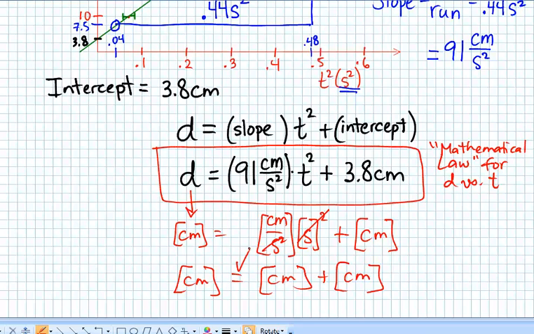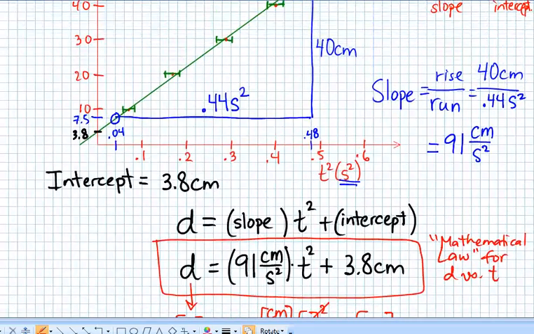And as a matter of fact, if you plug in a particular time, you should get a point that exists on this line. For example, look at this point right here that I've just sort of focused on. This point is somewhere around 0.29 seconds squared and something like 30 centimeters.